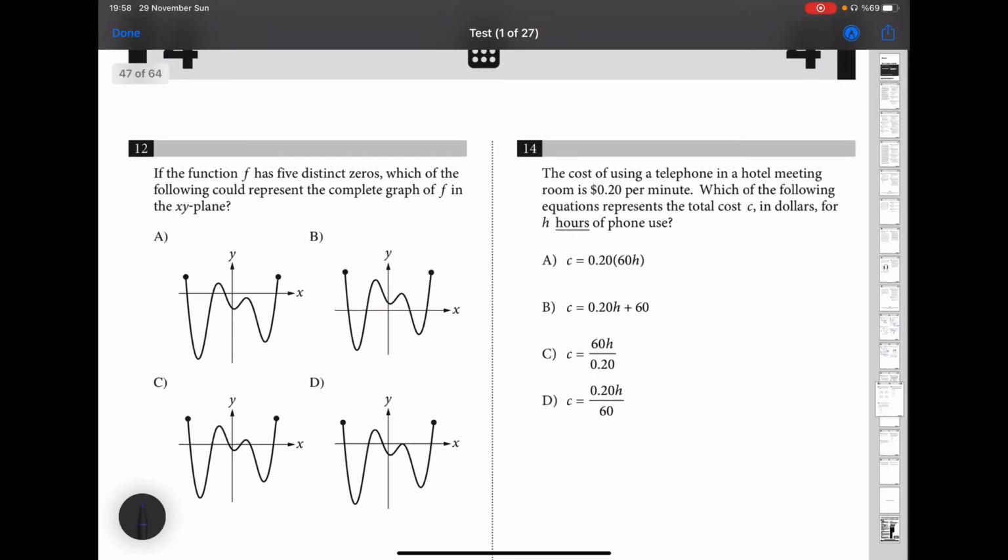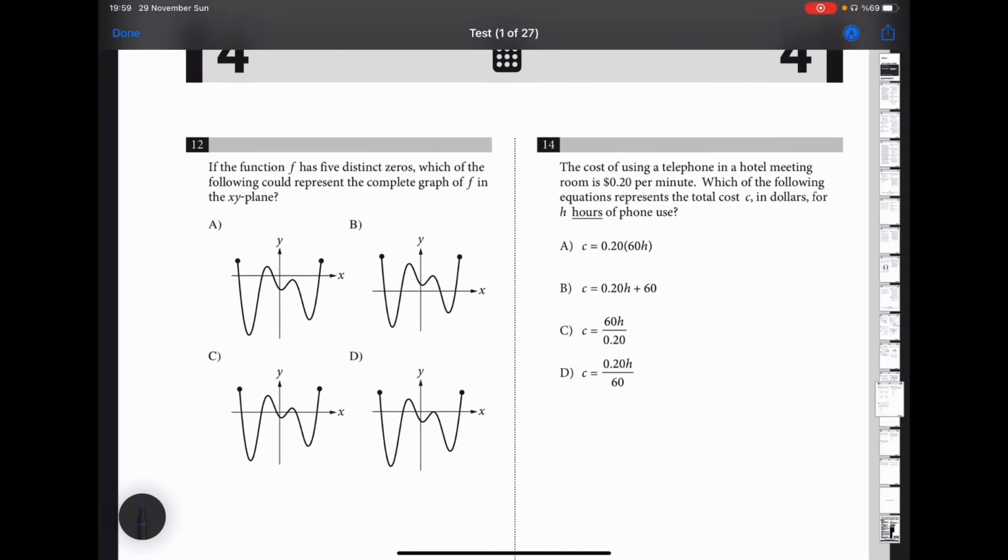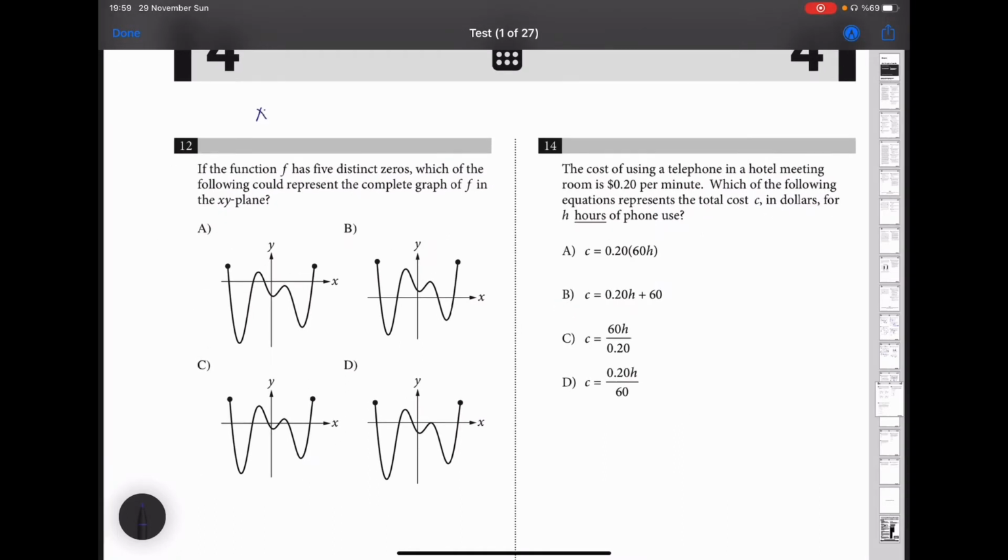Question number 12. If the function f has 5 distinct zeros, which of the following could represent the complete graph of f in the xy plane? Having distinct zeros means the function has intercepts with the x-axis, because the y-axis shows the magnitude of the function and the magnitude has to be 0.